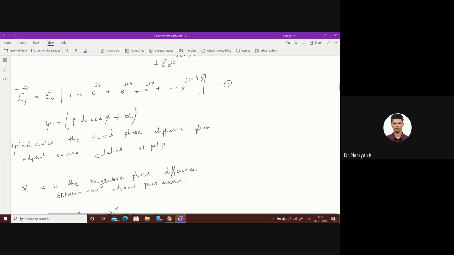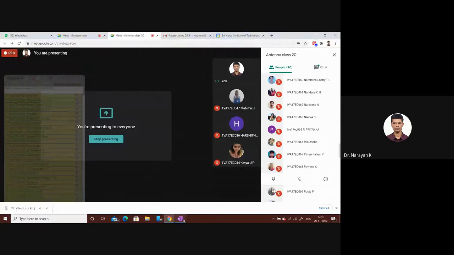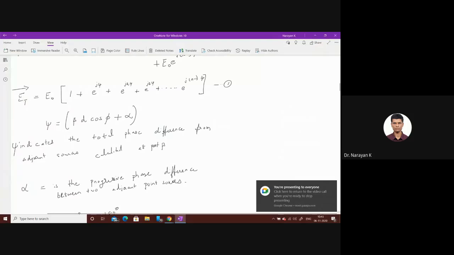Please write down this. Psi is equal to beta d cos phi plus alpha. Please write down. All of you written down? This is from the derivation which I did last week.